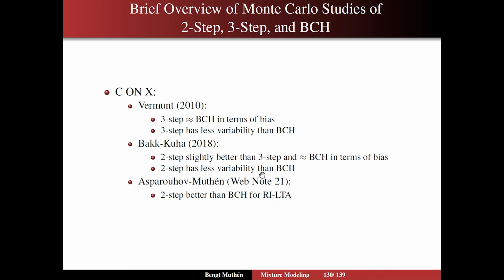So one could conclude from those 2 studies that maybe one should choose 2-step for C on X. But the differences are fairly small, I would say, compared to, say, 3-step or BCH. We have the WebNote 21 where we looked at random intercept latent transition analysis, so more than one latent class variable, where we found that 2-step did better than BCH. So maybe 2-step is slightly favored in the C on X context.